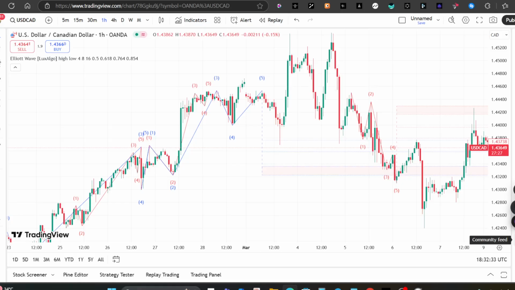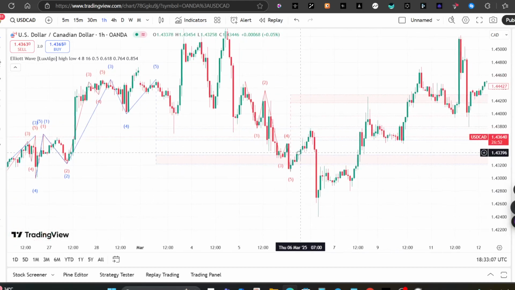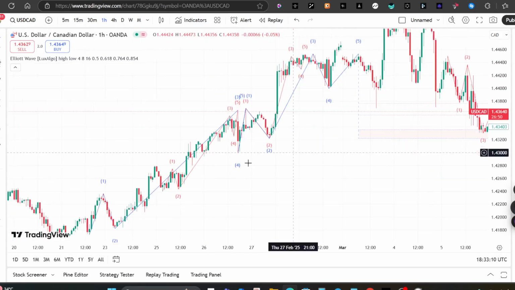Okay, now that you know how to spot Elliott wave truncation, how can you avoid the pitfalls associated with it? The first key is risk management. If you suspect that you are in a truncated wave situation, it is wise to place tighter stop loss orders to protect yourself from sharp reversals. Additionally, combining Elliott wave theory with other technical indicators can help confirm your analysis.